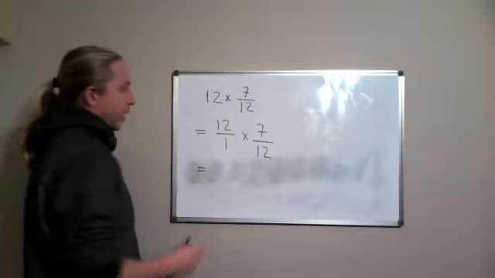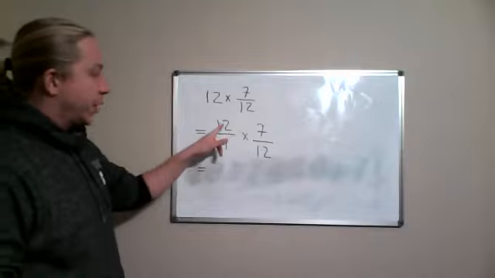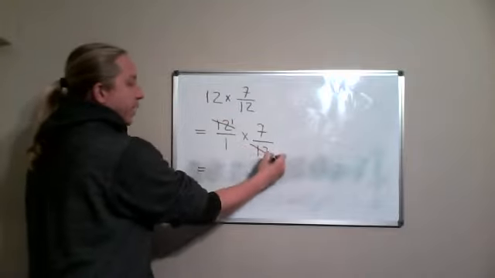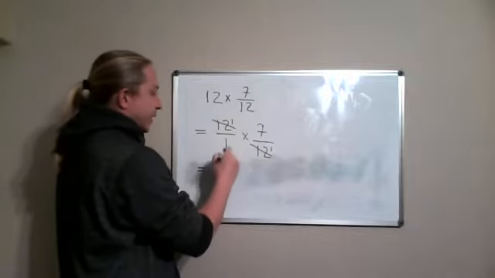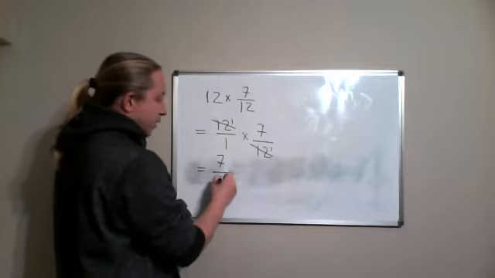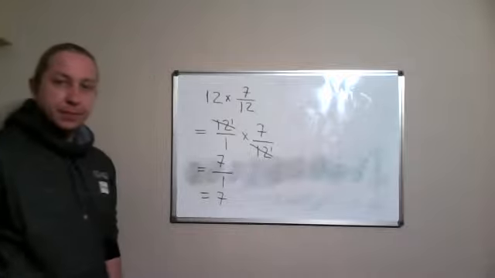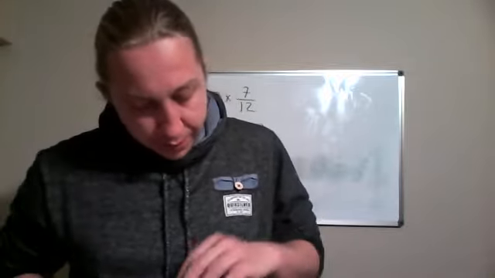Okay, here notice there's a common 12 and a common 12. So we can cross both of these out. Divide by 12, we get a 1. Divide by 12, we get a 1. Now we multiply the tops. 1 times 7 is 7 over 1 times 1 is 1. 7 over 1 is just 7.